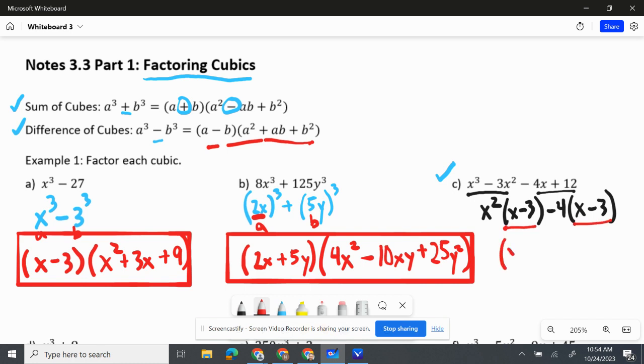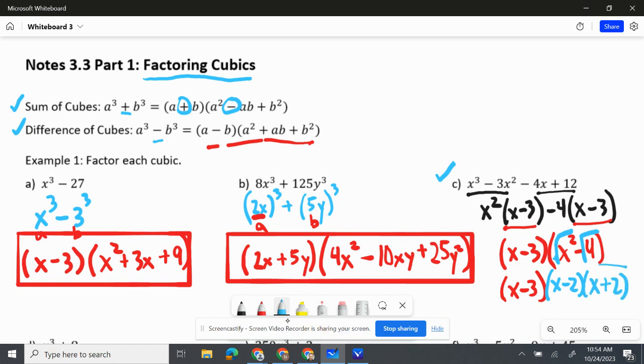So I factor out an x minus 3, and what's left over is an x squared minus 4. Now, the x squared minus 4 can be factored some more. Whenever you have a binomial that can be square rooted, what we have is the x minus 3, and then we have the x minus 2, x plus 2. And that's what we get for that second binomial.